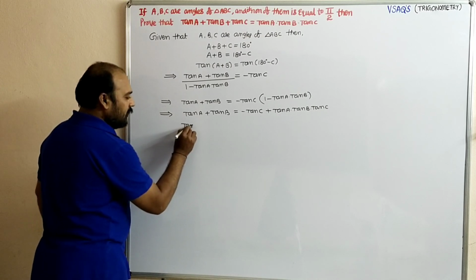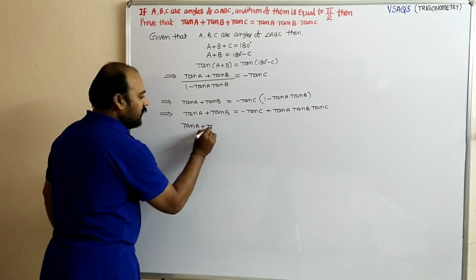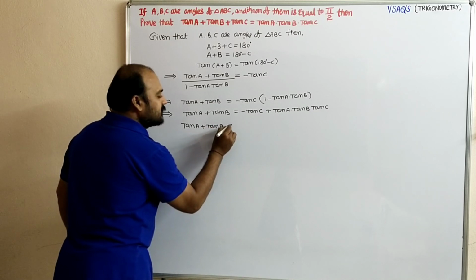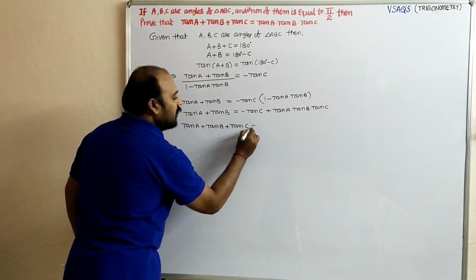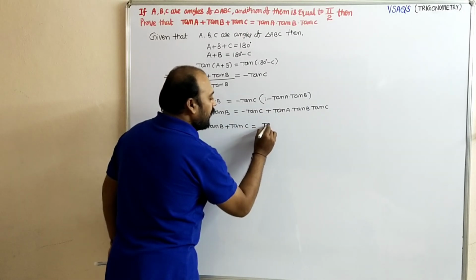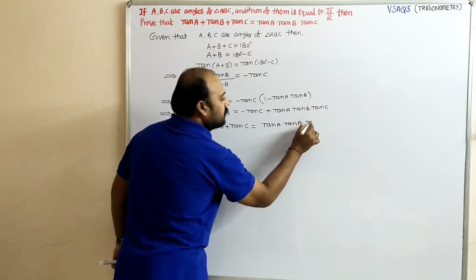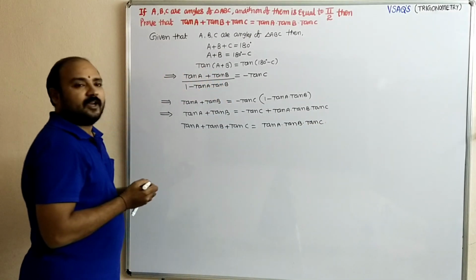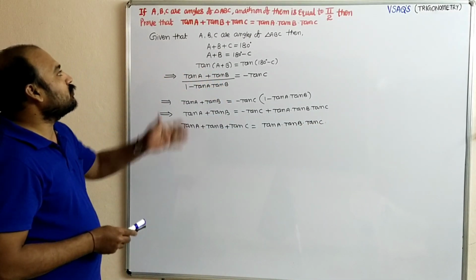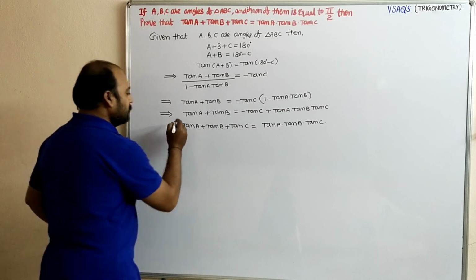So tan A plus tan B plus tan C is equal to tan A into tan B into tan C, which is the required result. They are asking to prove that, hence the result.